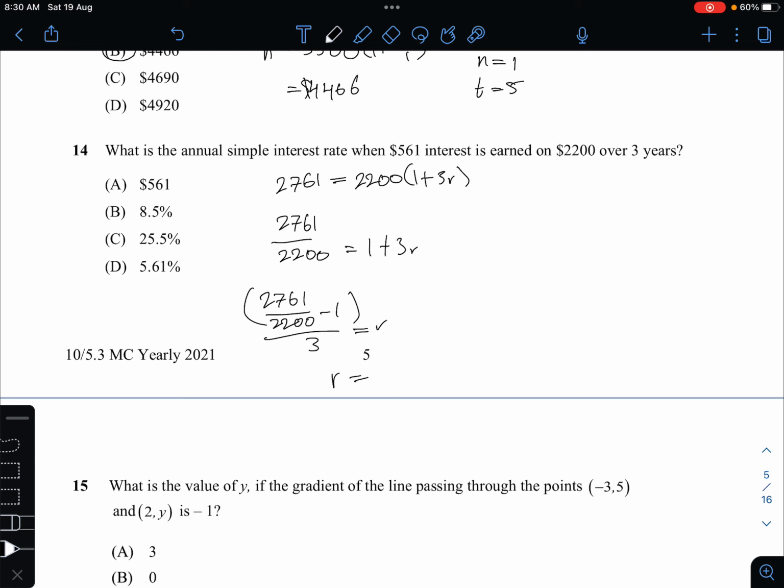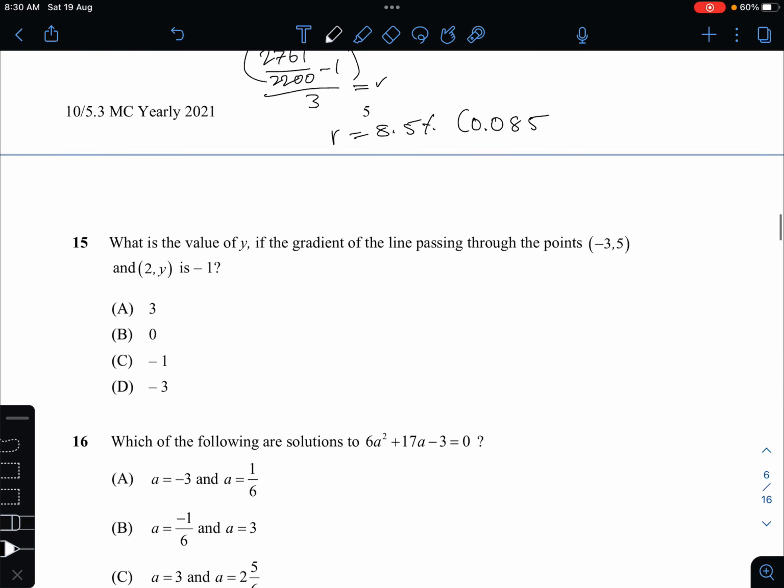R equals 8.5%, 0.085. So that's B. Next question.